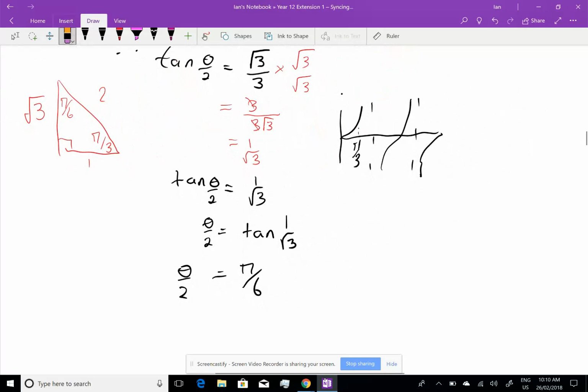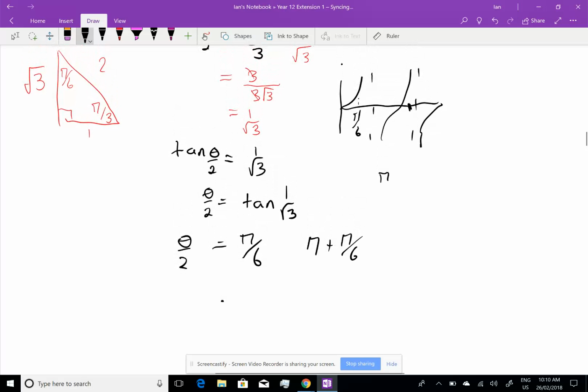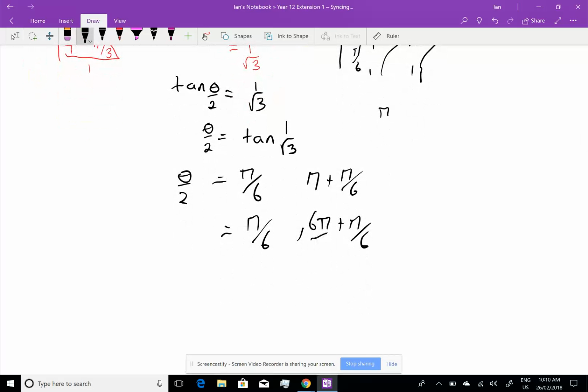So there is my answer, pi on 6. And the other one here is pi plus pi on 6. So I get pi on 6 and pi plus pi on 6. So that's theta on 2. So theta on 2 equals pi on 6, or 7 pi on 6.